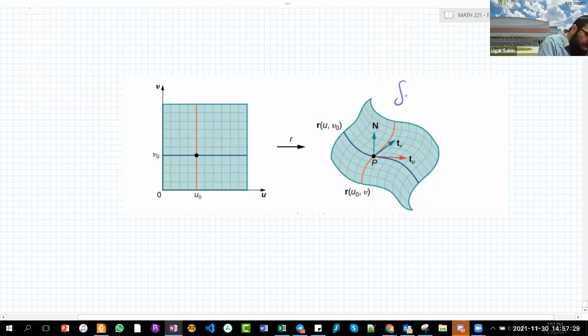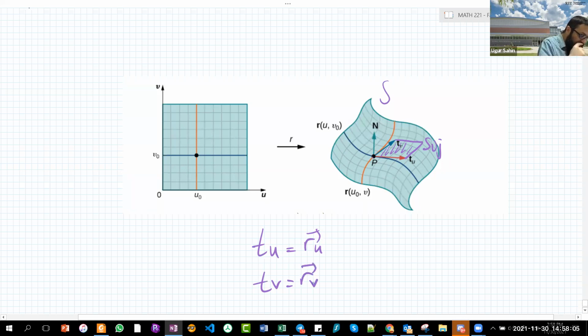So let's say this is again Sij, or you might assume this is the part of the surface S, and this part, guys, is Sij. The point P is the corner of that Sij, and the tangent vectors at that point I could use as vectors to get the parallelogram area.